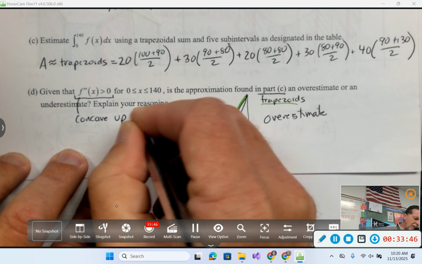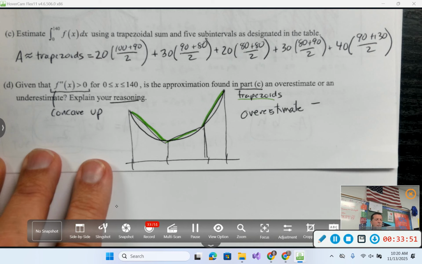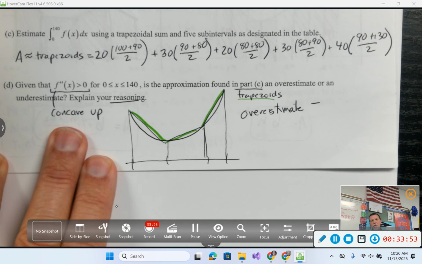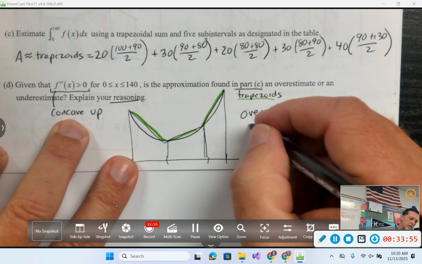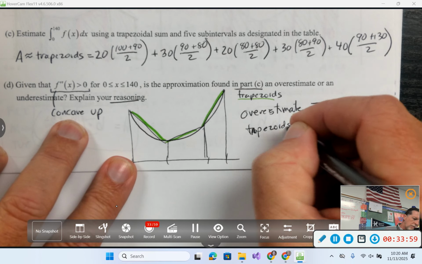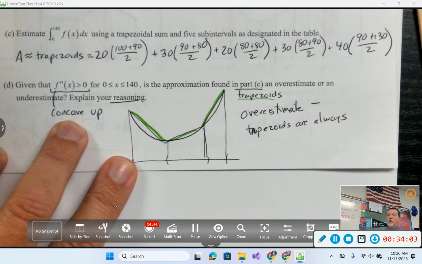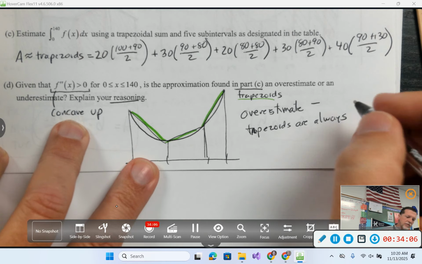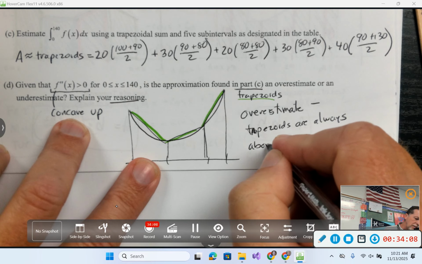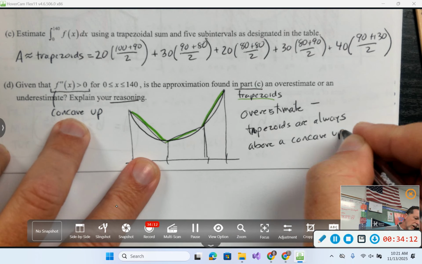And your reasoning, this is where the reasoning is kind of nice. You can just say that trapezoids on a concave up will always be over. Trapezoids are always over or above or outside, however you want to phrase it, a concave up curve.